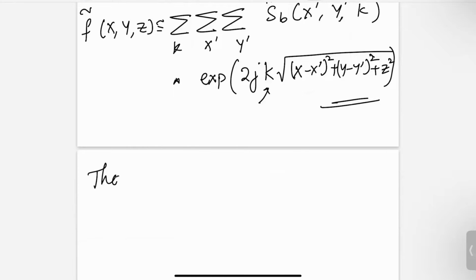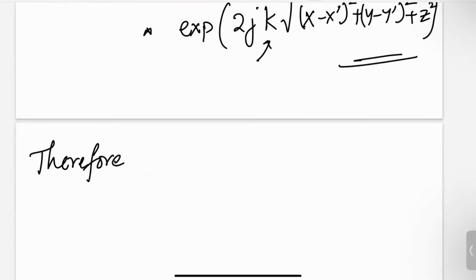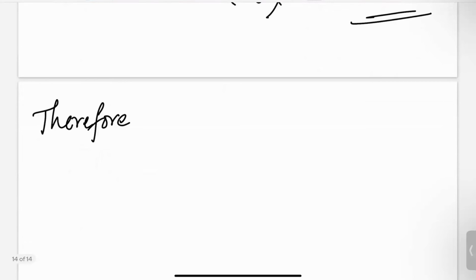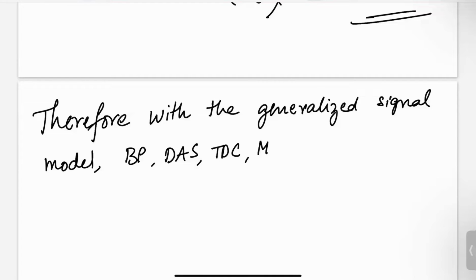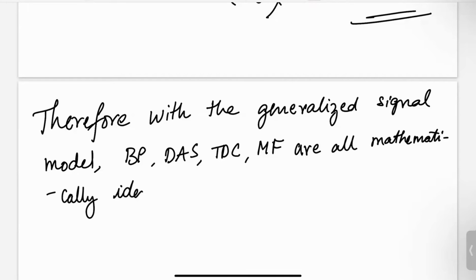So therefore, with the generalized signal model, back projection, delay and sum, time domain correlation, match filtering are all mathematically equivalent, or identical even, I would say.